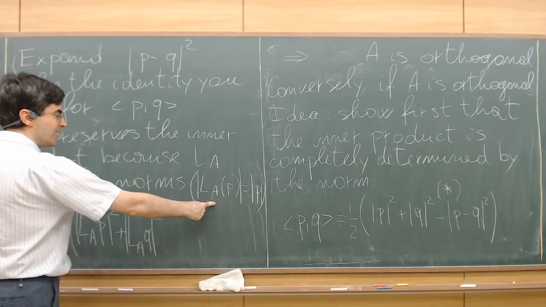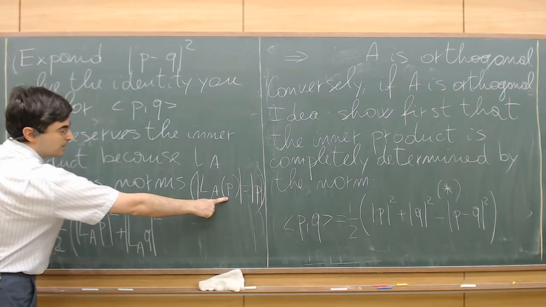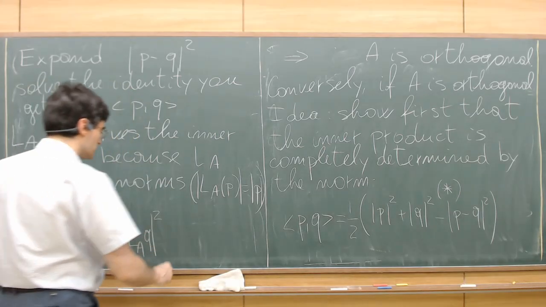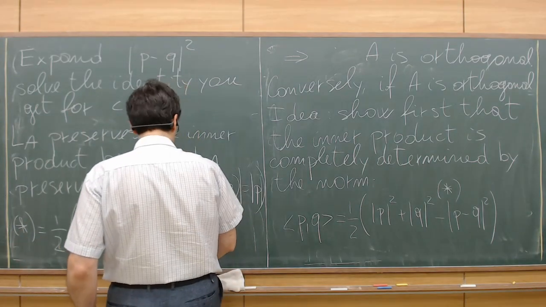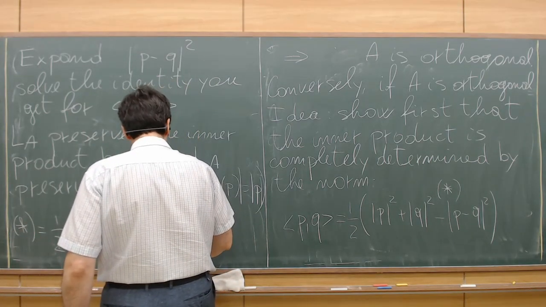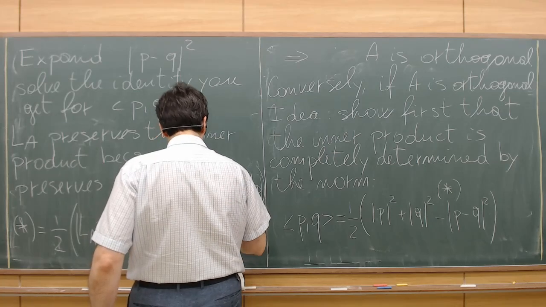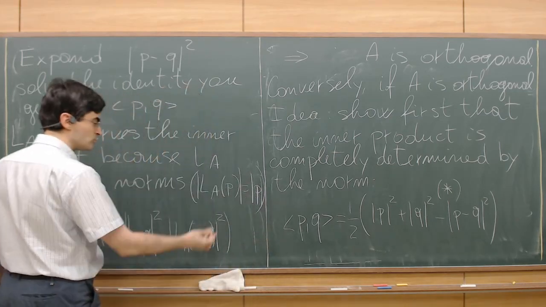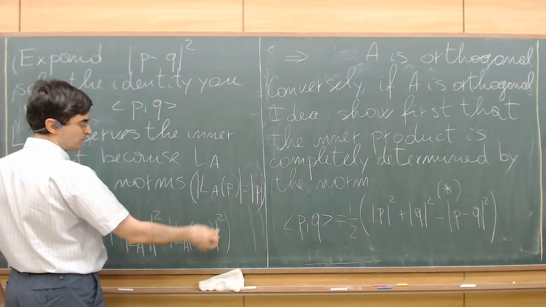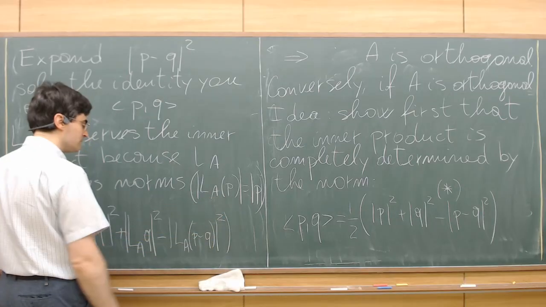I use once again this formula with P replaced by Q, minus the length of LA of P minus Q squared. I use once again this formula with P minus Q instead of P.